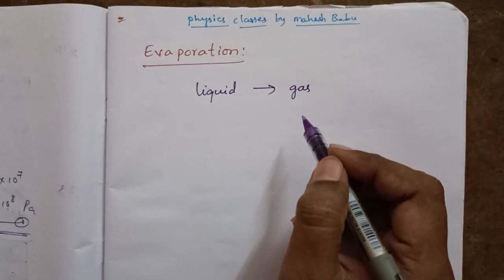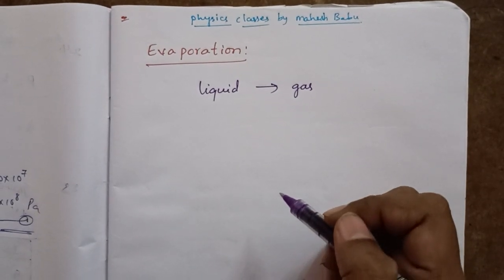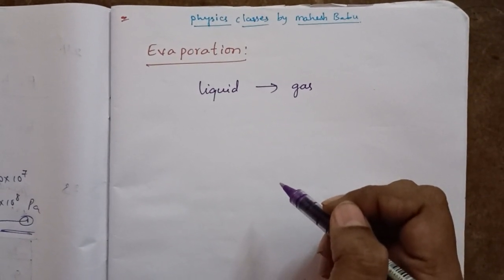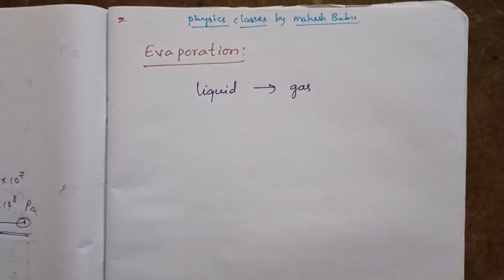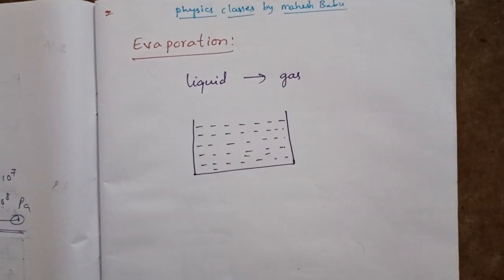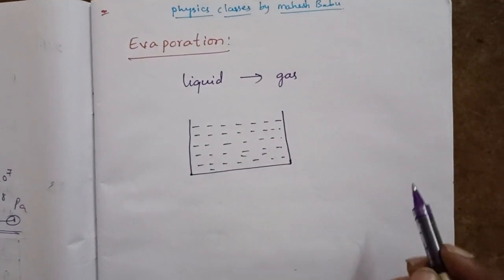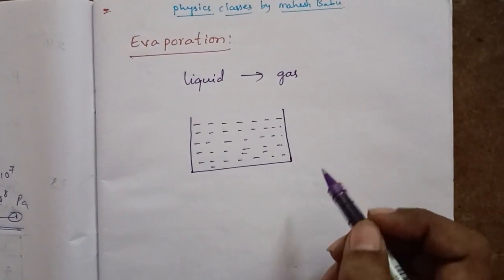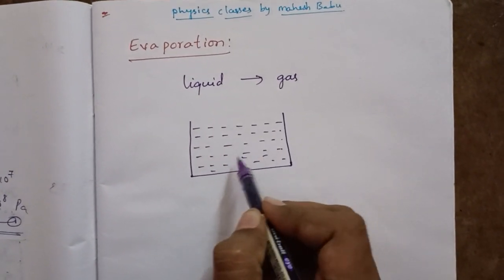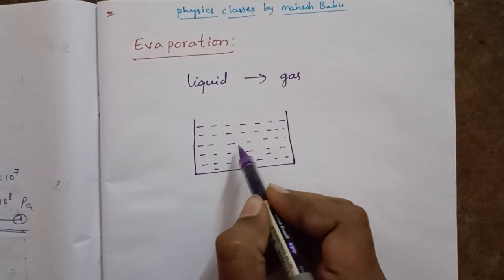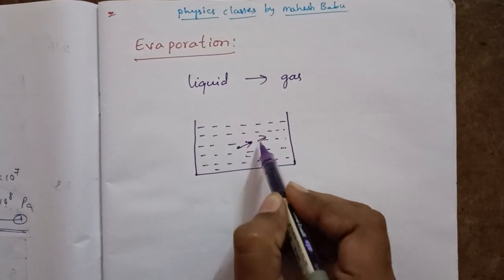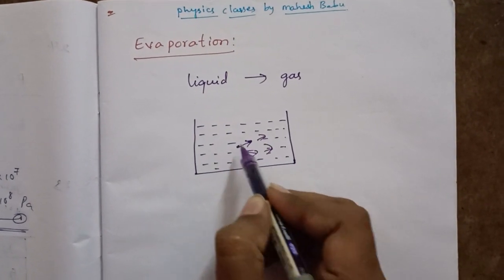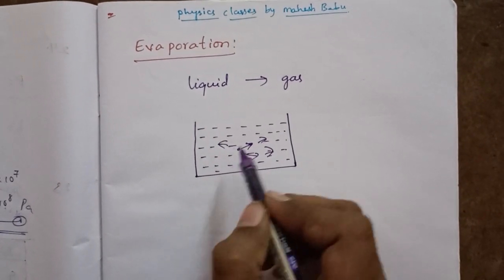Now we will discuss how evaporation takes place. Take a vessel containing water. These water molecules are continuously moving.